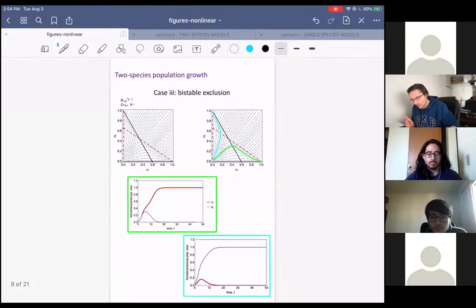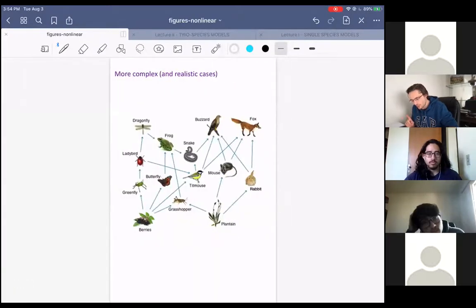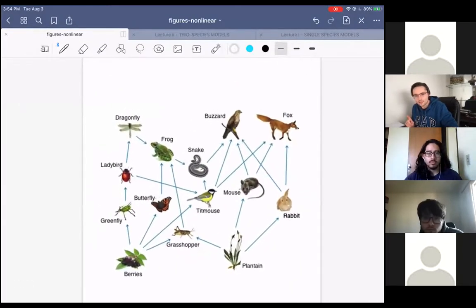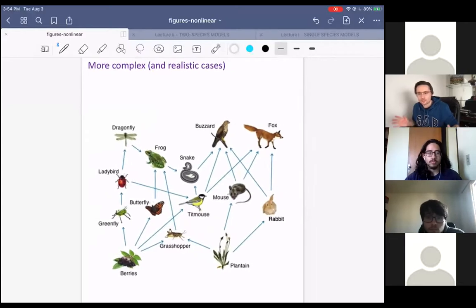Before we jump to the thing I want to show you guys, of course, you may be thinking, and this is also related to your question, Roberto, that I have two species in a bottle, very funny, super easy, but when I go outside, I don't have two species. I have many of them. What I'm showing you here is a more complex scenario where we have many different species interacting with each other, and this is what is called a food web, which basically encodes a lot of prey-predator interactions.